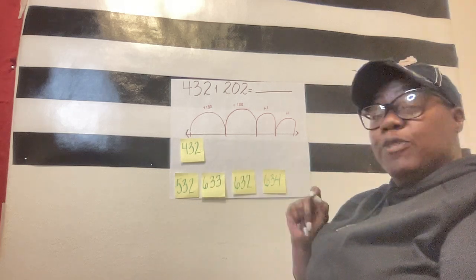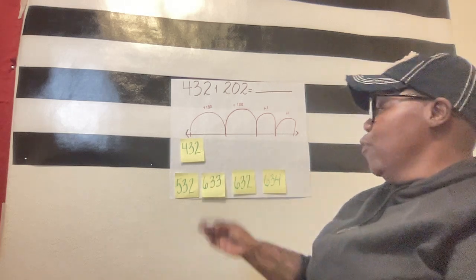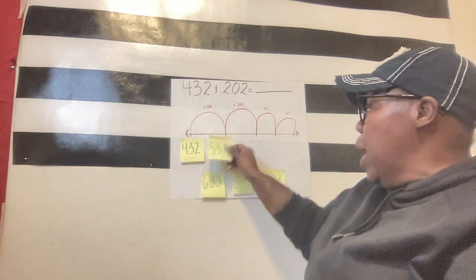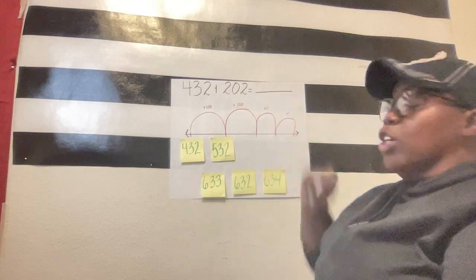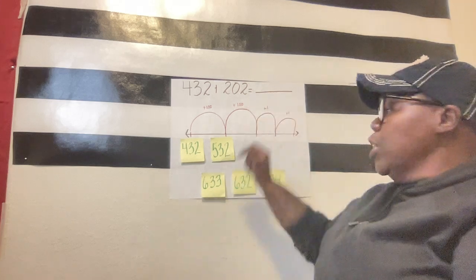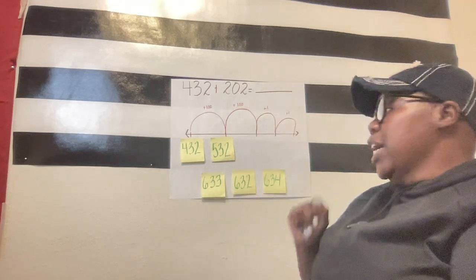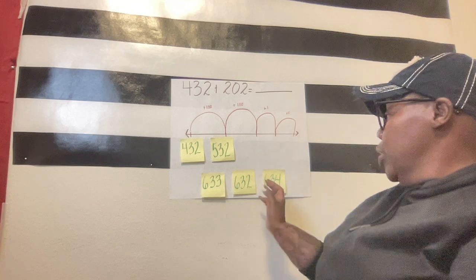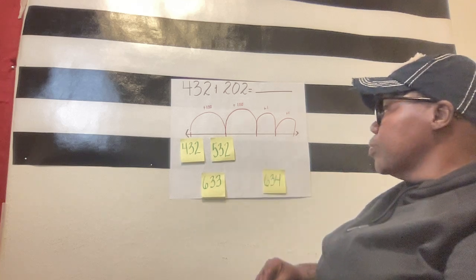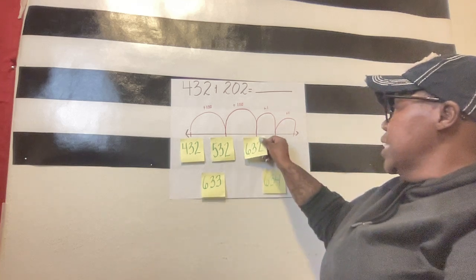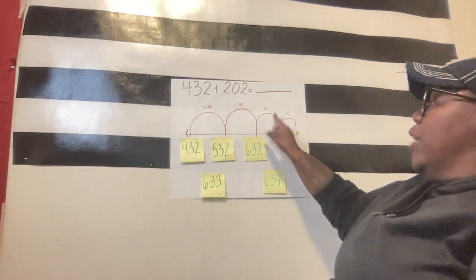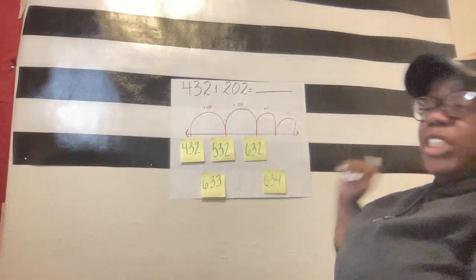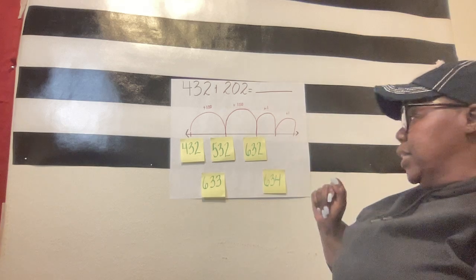So your first jump adds 100 to 432. Well, 100 plus 432 is going to give you 532. So you find the box, you put it on the number line. You have another jump of 100. Well, 100 plus 532 is going to give you 632. So that is another jump on the number line. And then you have no tens, so there's no tens to jump, but you have two ones.